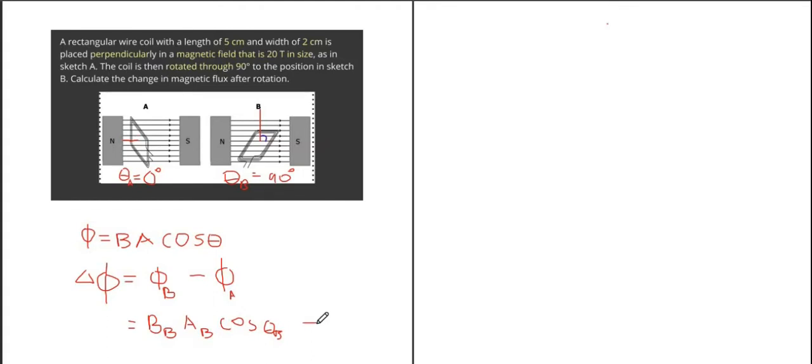Then minus the magnetic field at A, the area of the wire loop, times cos of theta at A.